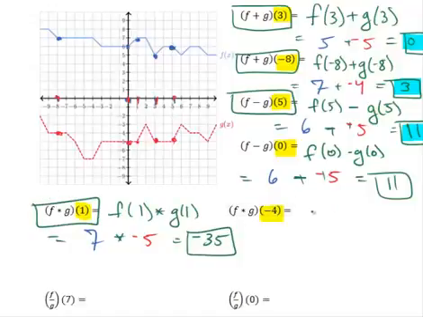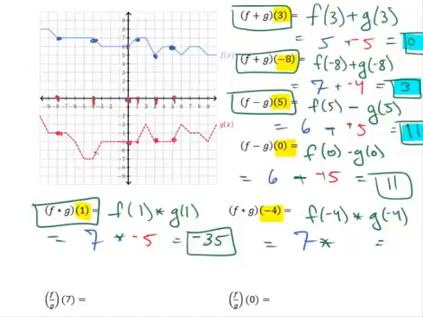Here's another multiplication one. F of negative 4 times g of negative 4. Negative 4. F is 7. And g at negative 4 is negative 7. So negative 7 times 7, negative 49.